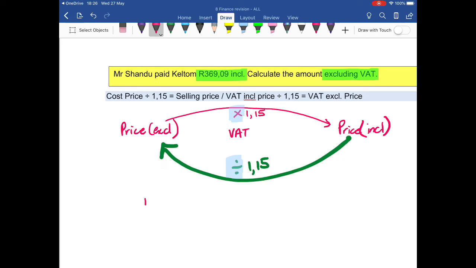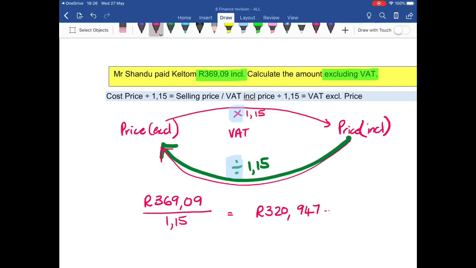My price is 369,09. I want to go to the price before that, so I'm going backwards. So I divide by 1,15, and I will get to a value of 320,947, and so on. Money's 2 decimal places.